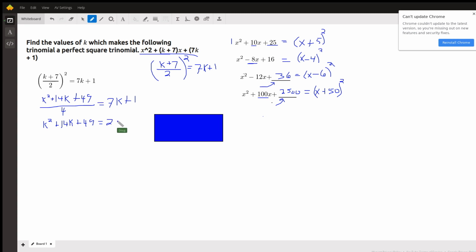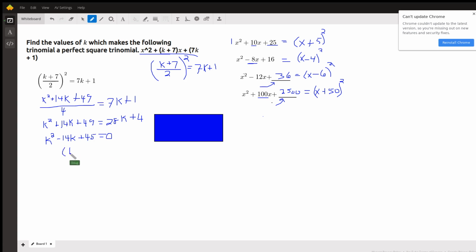I get 28k plus 4 over here. I'm realizing I'm going to end up with a quadratic equation. So I'll set it equal to 0. And make a decision whether I can solve this by factoring or whether I need the quadratic formula.